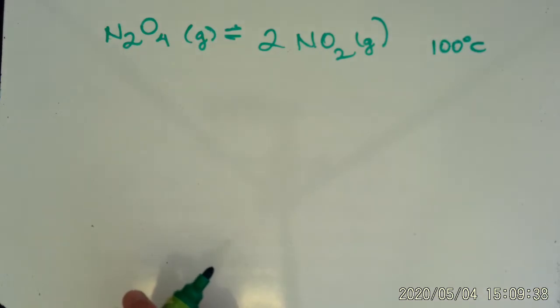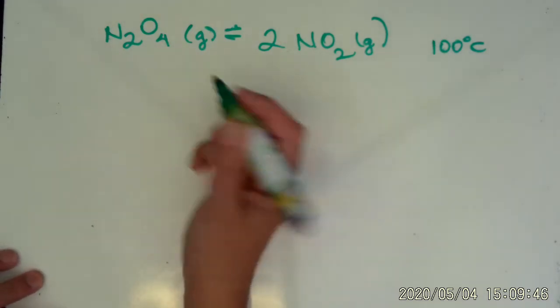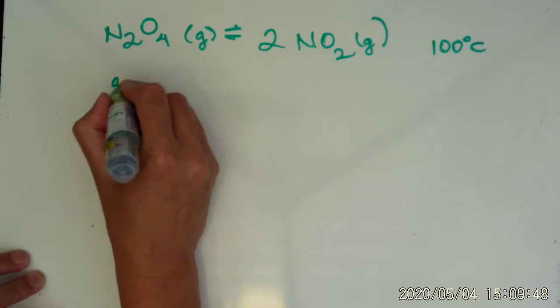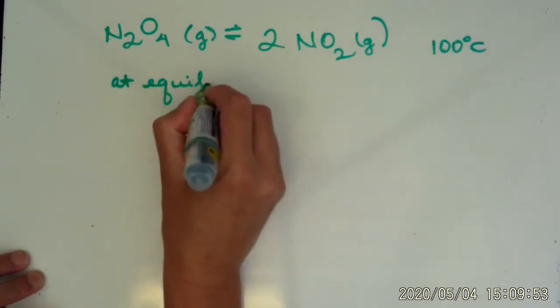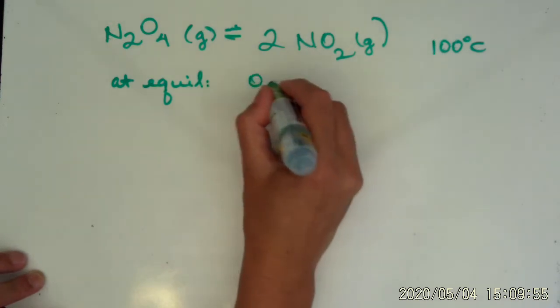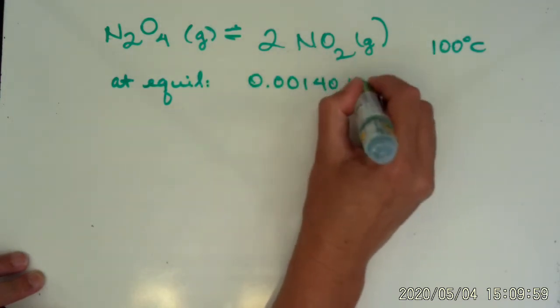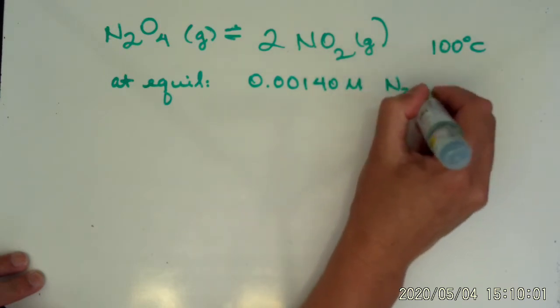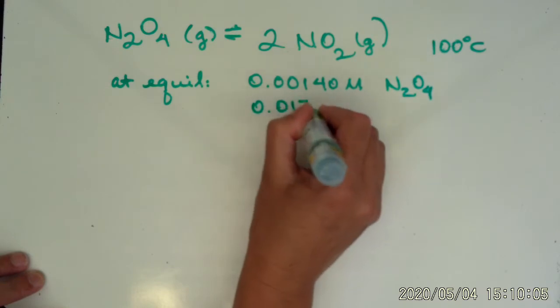Then let me give you some data. At equilibrium, you could have 0.00140 molar N2O4, 0.0172 molar NO2.